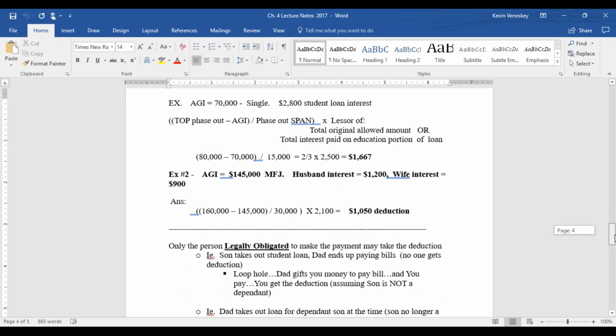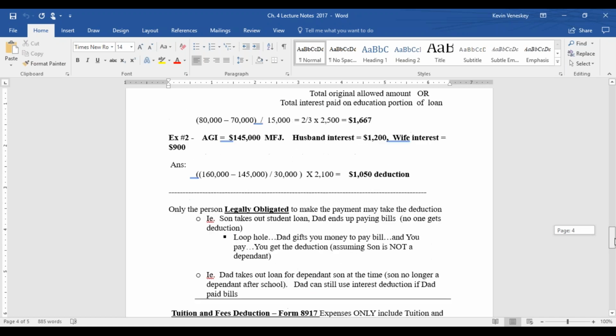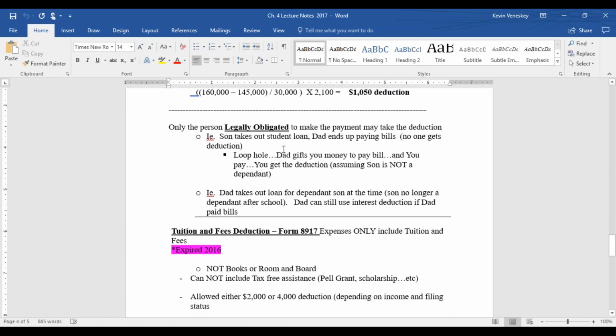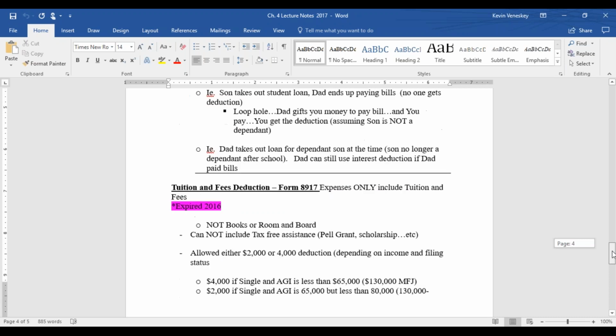Therefore, it is $1,050 as our allowable student loan interest deduction. Notice here one of the rules, only the person legally obligated to make the payment is allowed to take the deduction. There are, of course, loopholes that you could potentially work around.